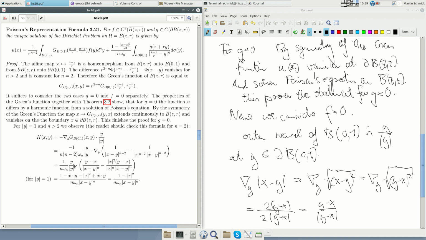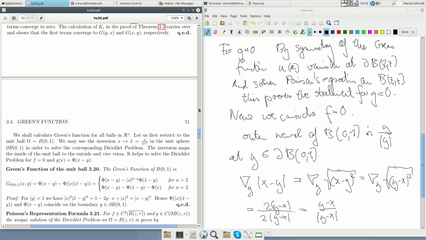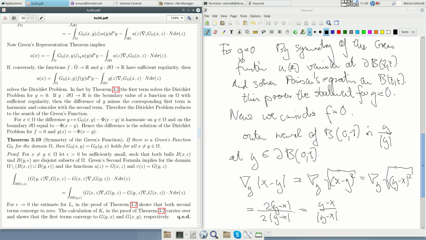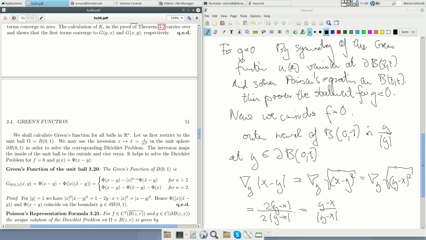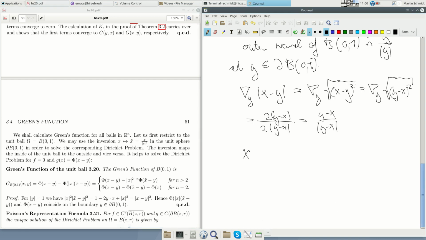Now we recall what we have seen in the last section. We have seen that this expression here is the same as this expression. So the absolute value of x times x tilde minus y is the same as the absolute value of x minus y, for the absolute value of y equal to 1.